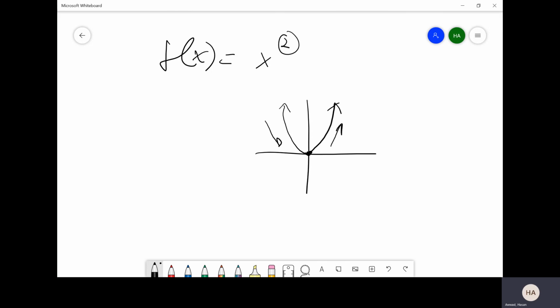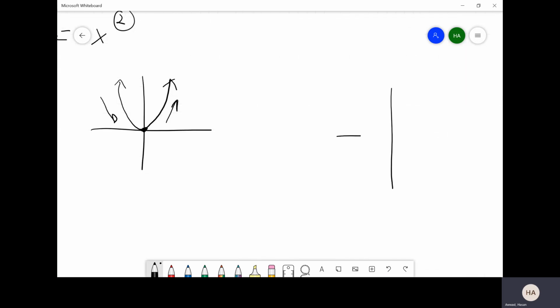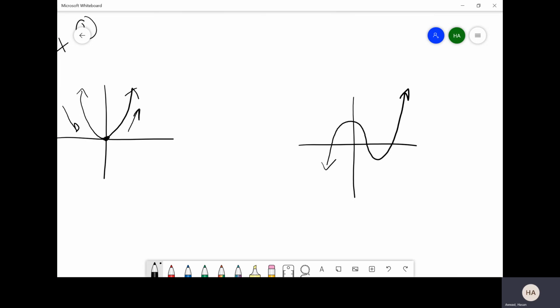A cubic function, like x cubed, can have at most 2 turning points. And just to show you what I mean by that, a cubic function can look something like this, if there are other factors involved, of course. This shouldn't be too absurd, right? Again, we talked about end behavior, and this is a good idea of what x cubed will look like.